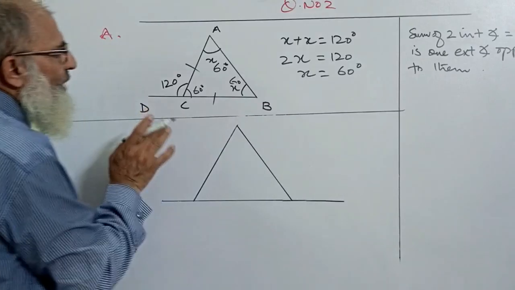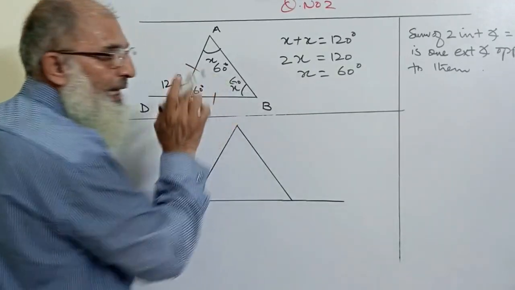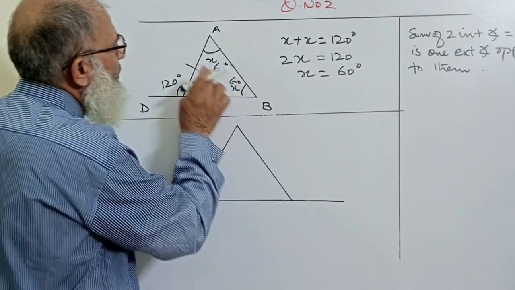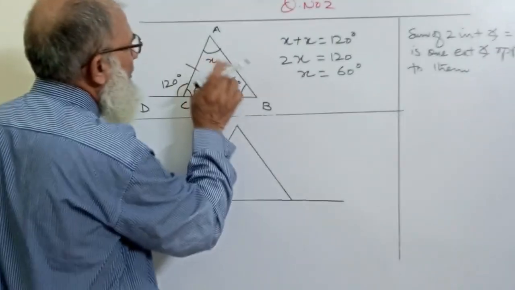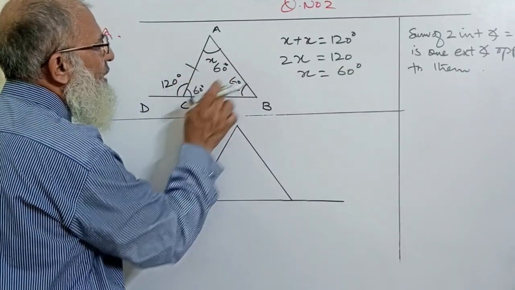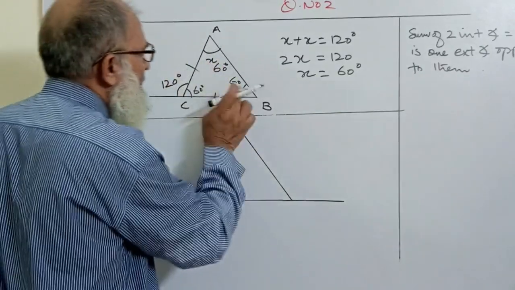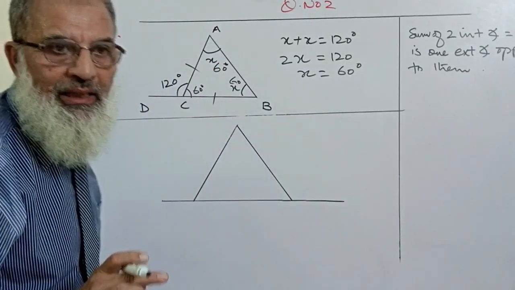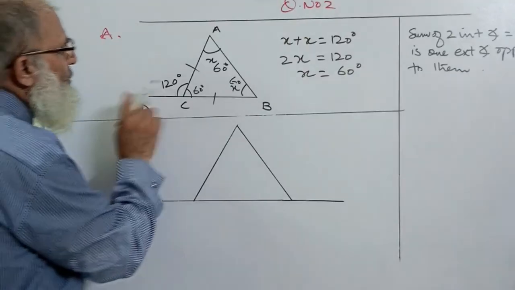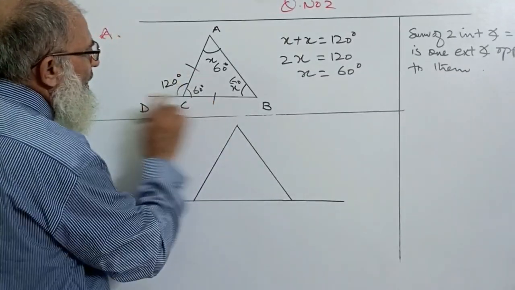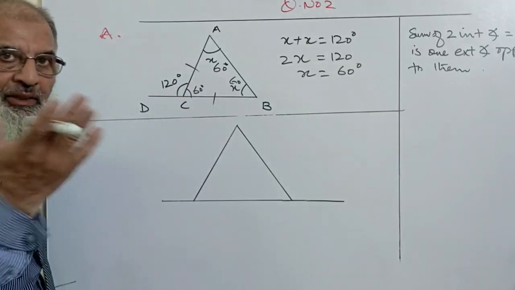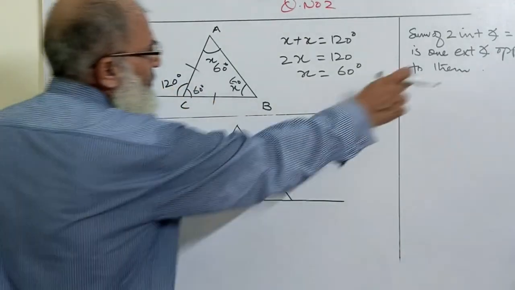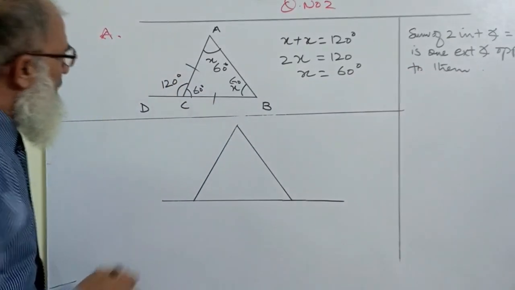Since when we didn't know the angles, we were only with the variables, so we called it isosceles, but when we calculated, it has become an equilateral triangle. So you can see from here also that 120 plus 60 is 180, supplementary angles, but we have to do it in this way.